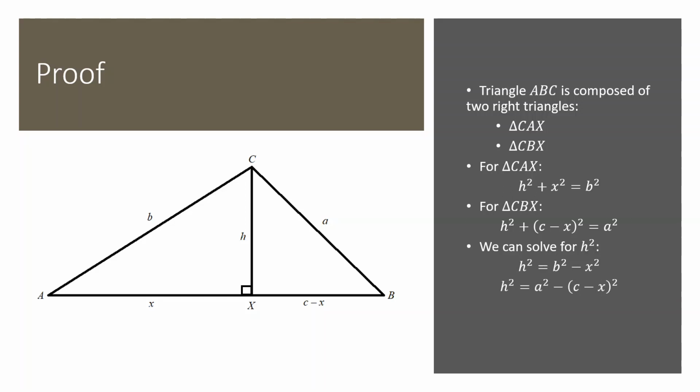So we have h squared is equal to b squared minus x squared for triangle CAX, and for triangle CBX we have h squared is equal to a squared minus (c minus x) squared, because we subtracted x squared and (c minus x) squared from the corresponding left-hand sides.